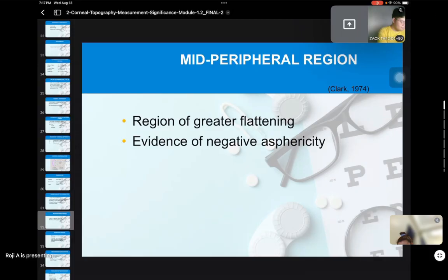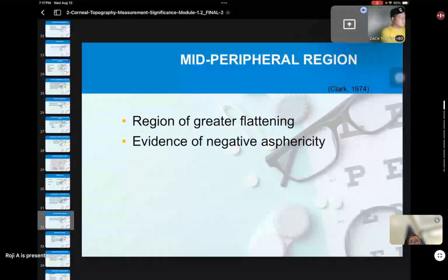Next, mid peripheral region, the region of greater flattening. There you go. Which is again, Randall, Zach, Alisa, Quan Lin, logical, based on redundancy again. Because why? We established earlier that the greatest curvature is where? At the apex.